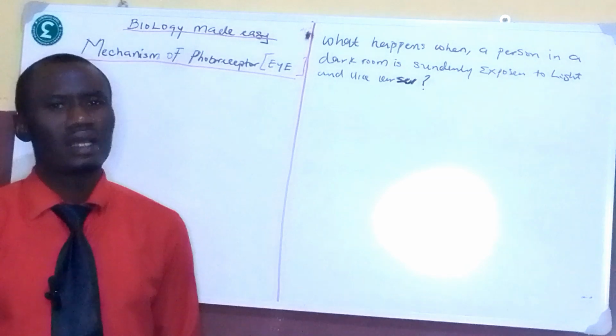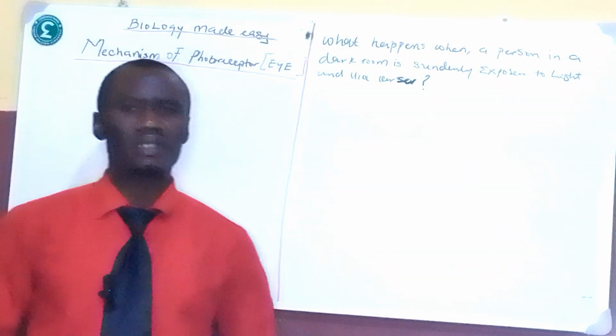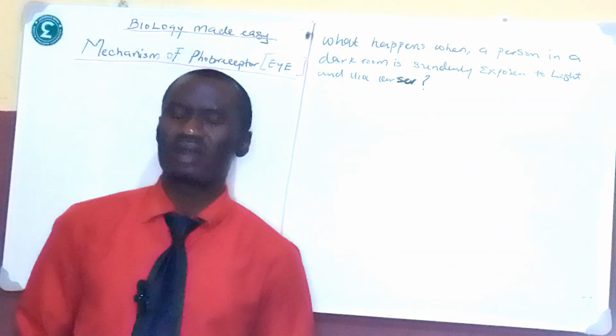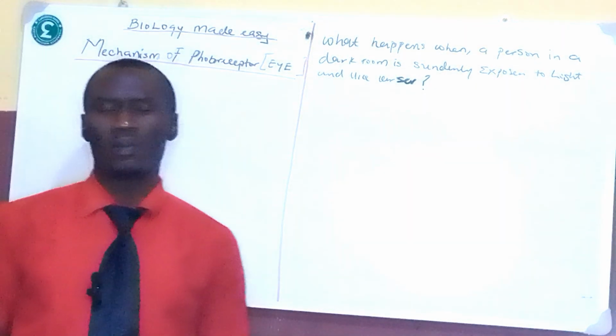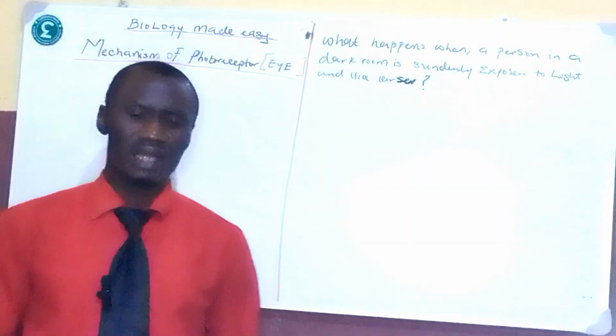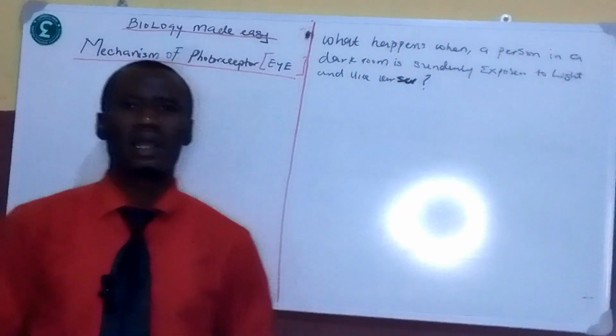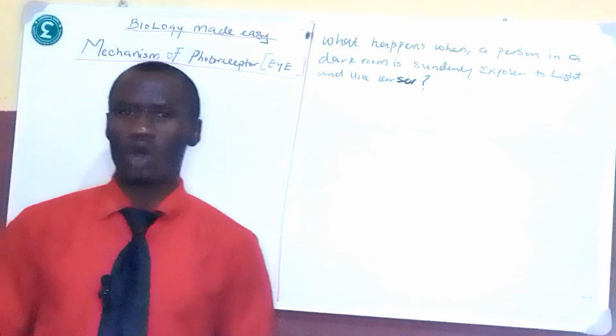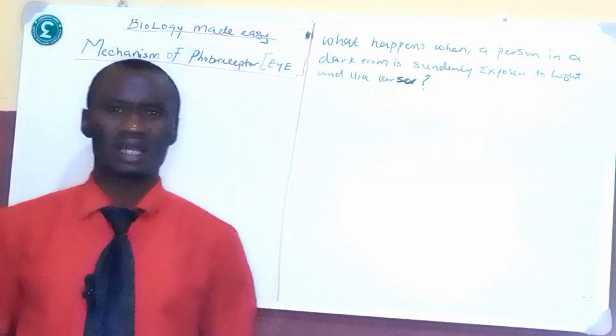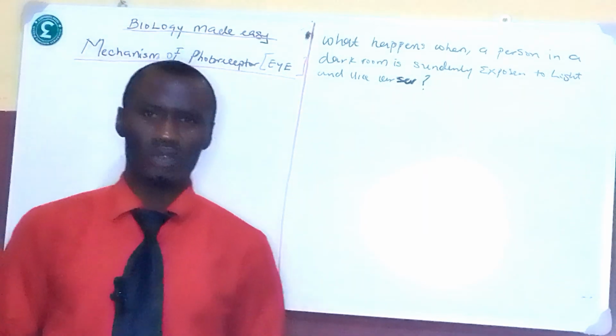Now, what's the eye? The eye is a sense organ that receives light rays of varying wavelengths, and these rays of light are reflected by the image or the object at varying distances in the visual field.